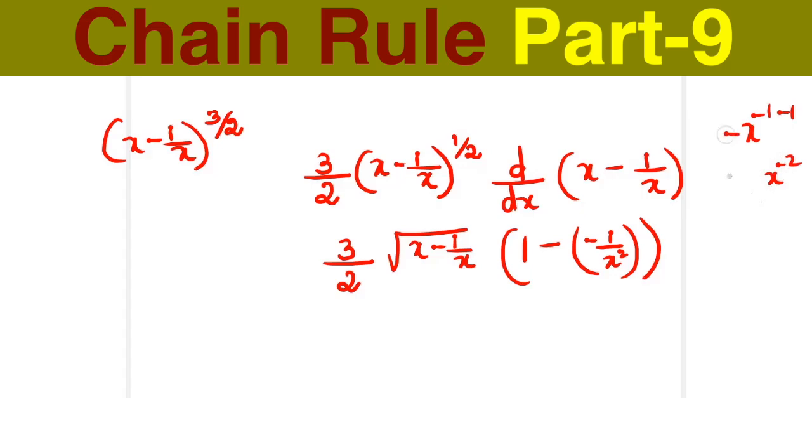And you also have a minus 1 placed here. So this is 1 − (−1/x²). I can simply write this as 1 + 1/x², and the rest of the terms I'm going to leave as such. So the final answer is 3/2 into root of (x − 1/x) into (1 + 1/x²).